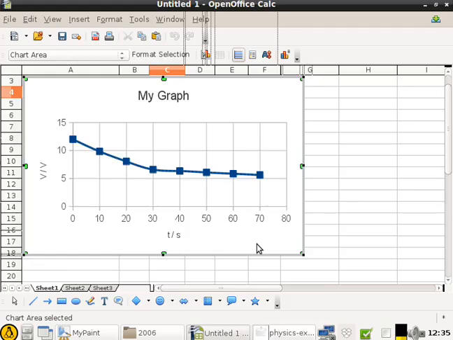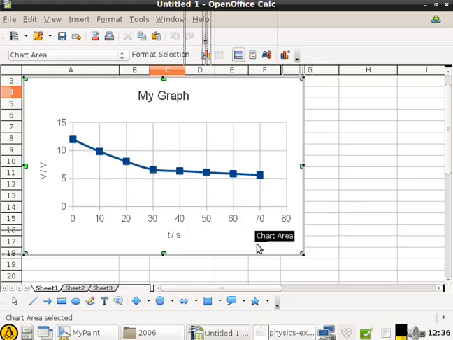Okay. Now, if you look at the question, I think they made a mistake in the question. I think they meant to say, plot log V against time. But what did they say in the question? Potential difference. Because this isn't really a straight line, it's exponential.